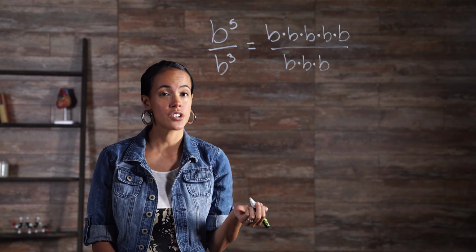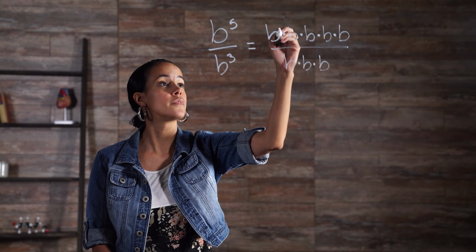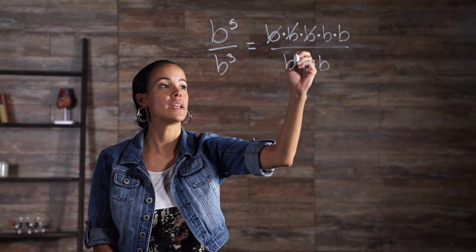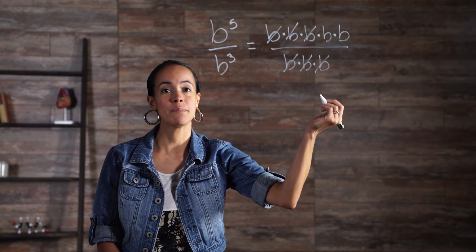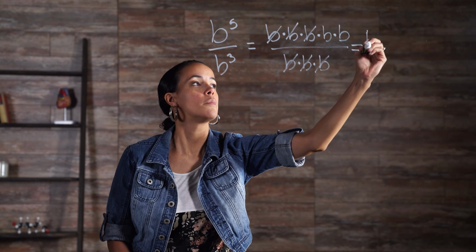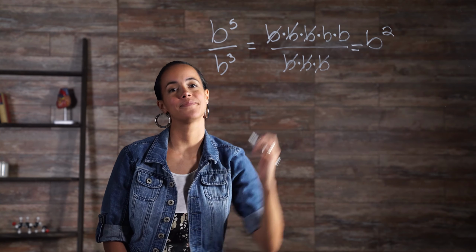Canceling out common factors of b from the numerator and the denominator would simplify to be b squared.